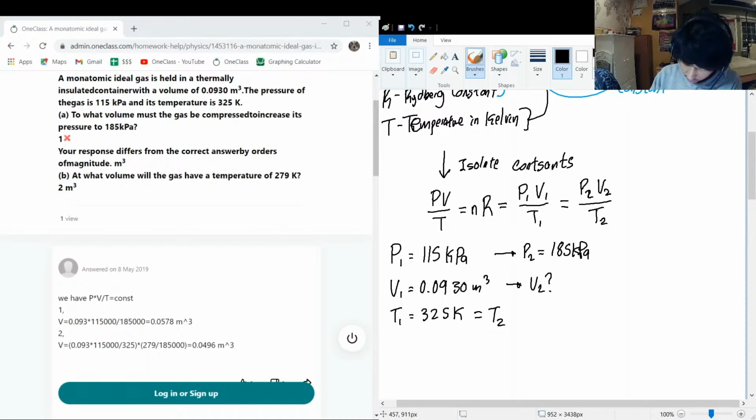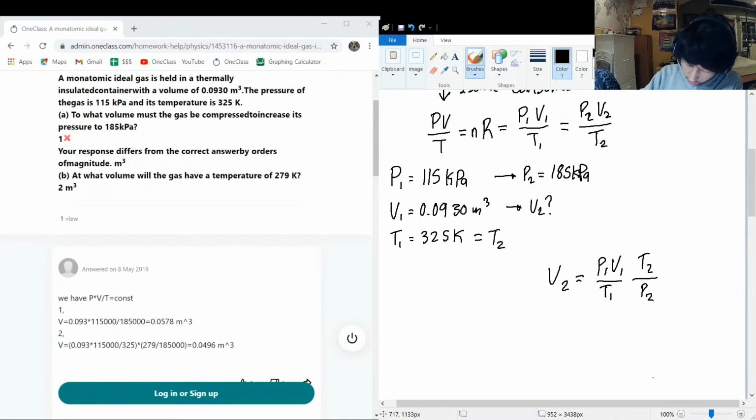So V2, we don't know that. We want to solve for V2, and that will be P1 V1 over T1 multiplied by T2 over P2. Since T1 and T2 are equal, we can neutralize them out of the equation.